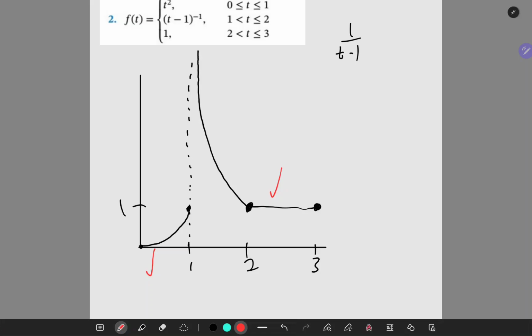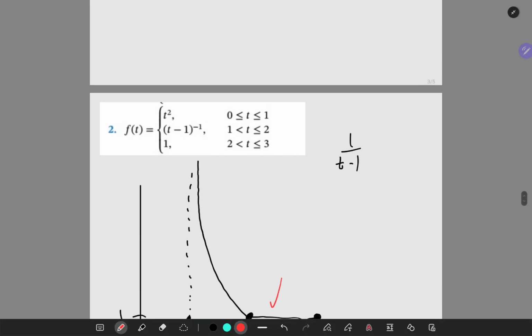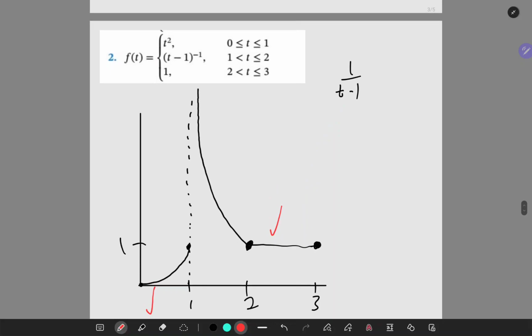And obviously it's not continuous at 1, right? So the function itself isn't continuous. But is it piecewise continuous? Well, these first two are. Remember, we have to take the limit from the left and the right to determine if this one is.